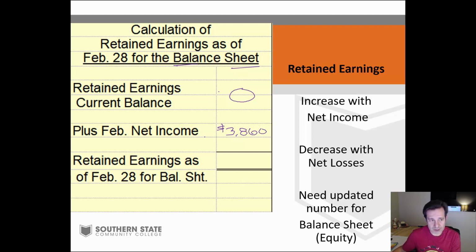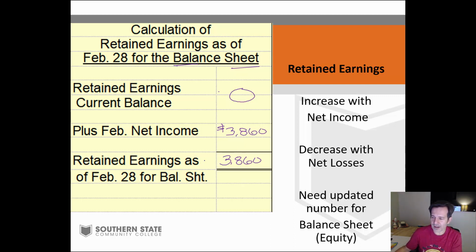Zero plus $3,860 tells me my retained earnings at the end of the month, $3,860. So again, net income will go into retained earnings. I'll show you the journal entries to make that happen in Chapter 5. But now I just want you to be aware that that net income, that profit, adds to retained earnings. It's profits that we haven't expensed yet.